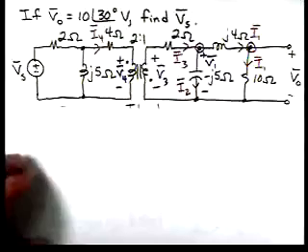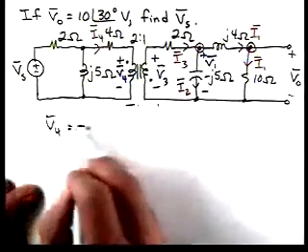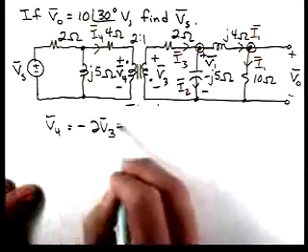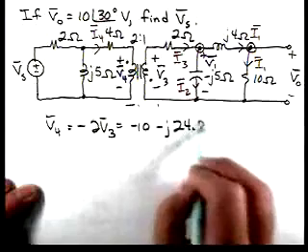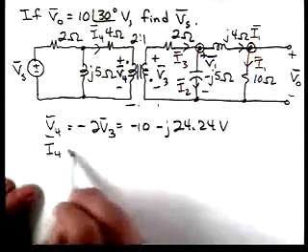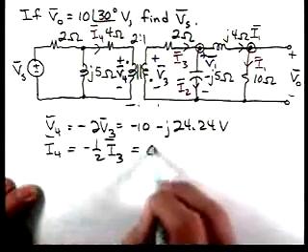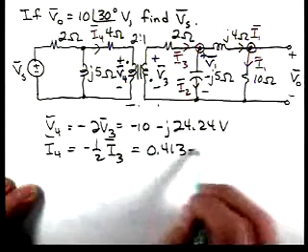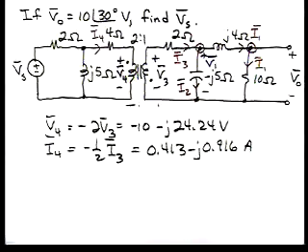So now V4 is minus 2 V3. So that's minus 10 minus J 24.24 volts. And I4 is minus 1/2 I3. So that's 0.413 minus J 0.916 amps.